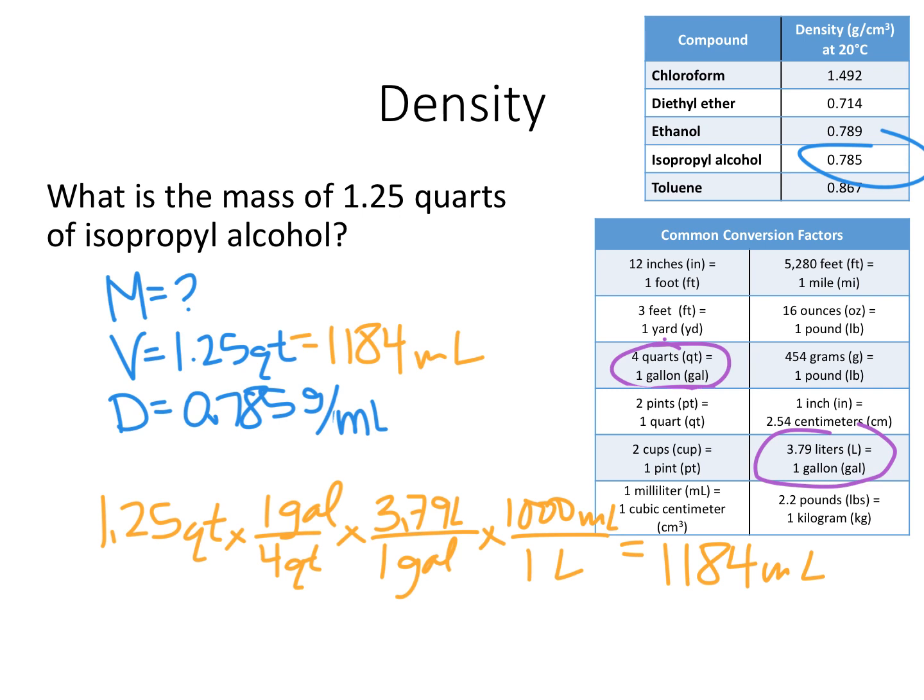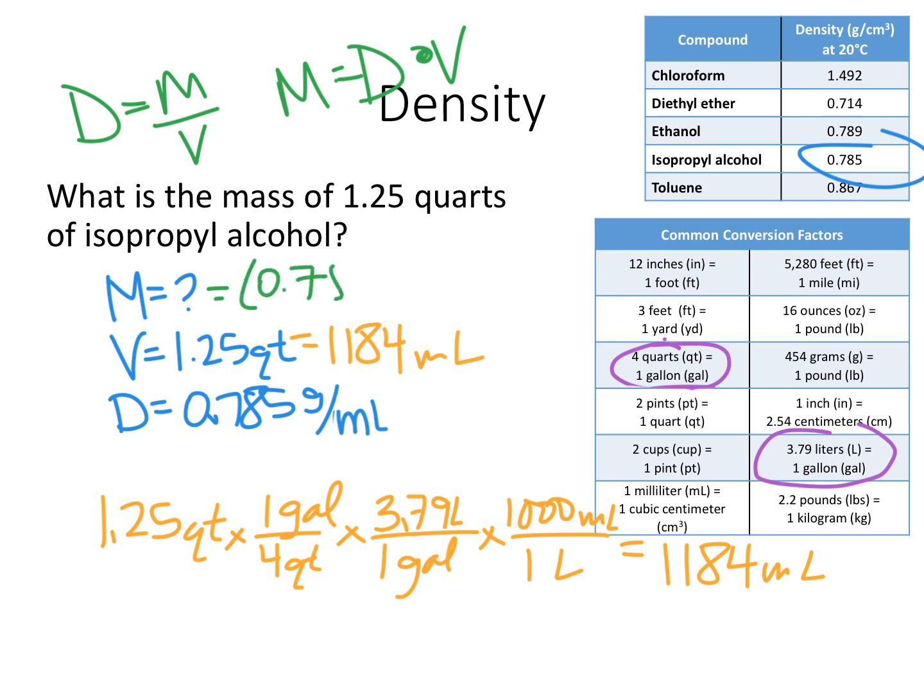If we know that density is mass divided by volume, then mass must be density times volume. So here I'm going to take my density, 0.785 grams per milliliter, and my volume, 1184 milliliters.